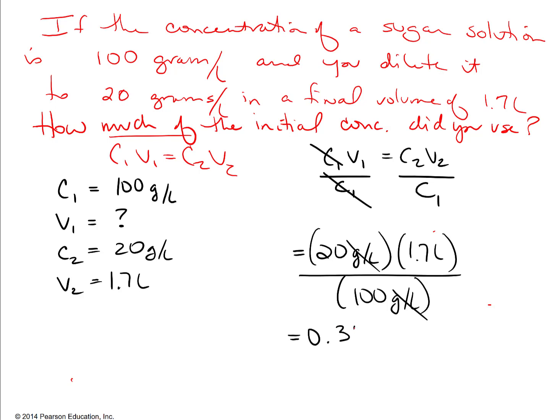So 0.34 liters. That's what V1 is. Now, unlike making up a percent solution, with this we actually can figure out exactly how much water. So how do I know how much water I will add?